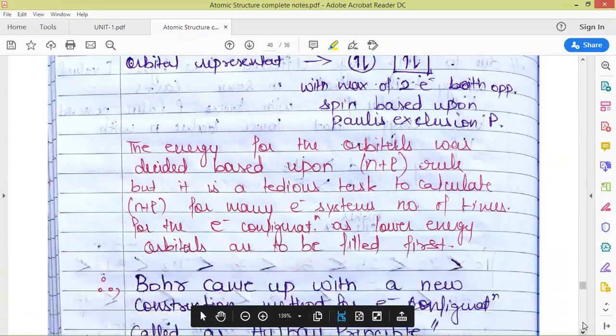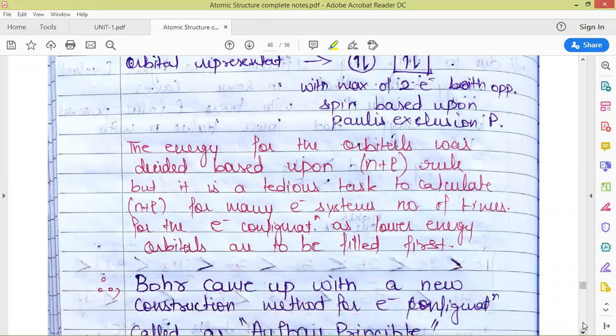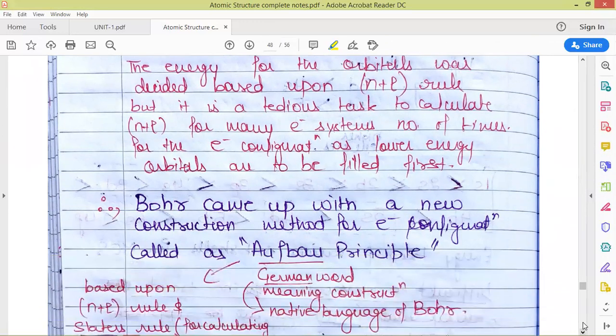The energy of the orbitals was decided based upon the n plus L rule, but it is a tedious task to calculate the n plus L value for all the orbitals and arrange them in order for higher atomic number species. So for this, Bohr came up with a solution, a construction method which he called Aufbau's principle.